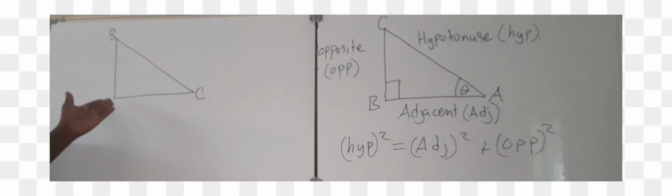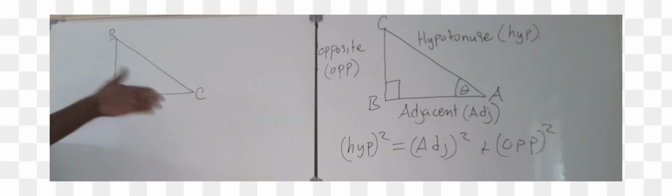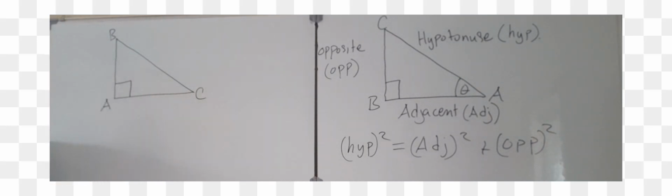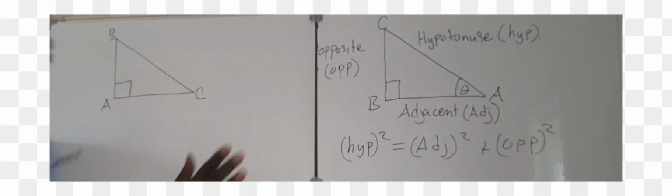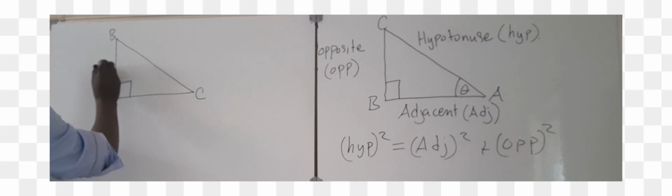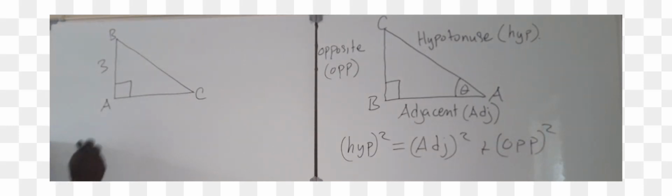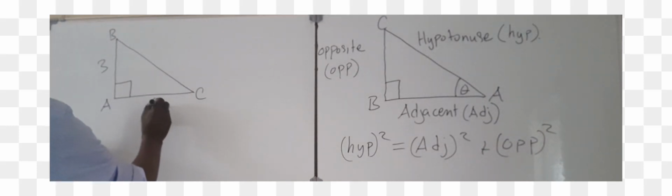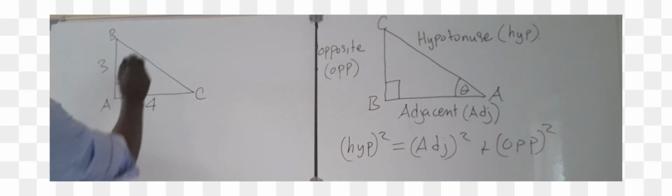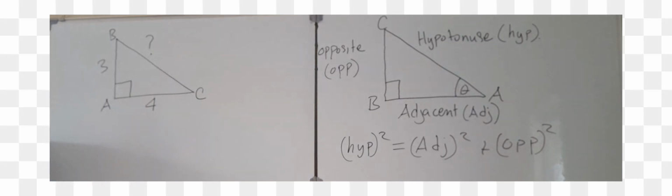You can call this side A or B or whatever it is, but the right angle triangle is here, because remember, Pythagoras theorem only works when our triangle is a right angled triangle. If it's not, we have to use something else. So supposing we are given that this side here is 3 units of length, and this side here is 4 units of length. The question is, what is the length of that side?